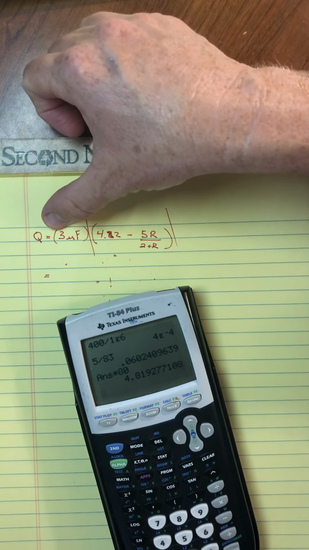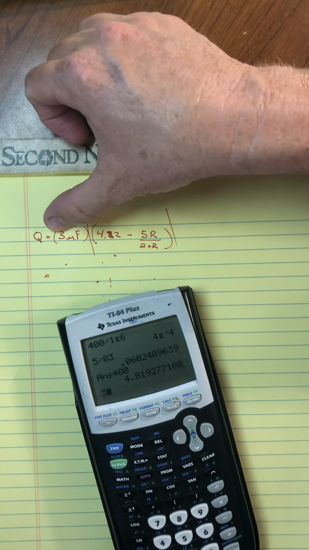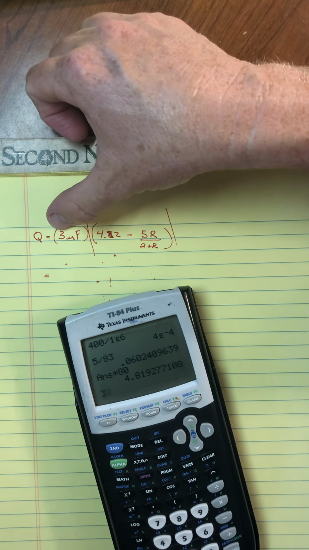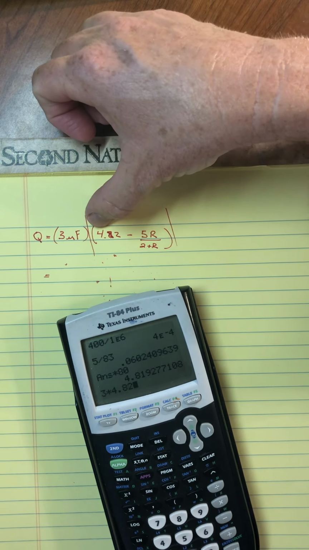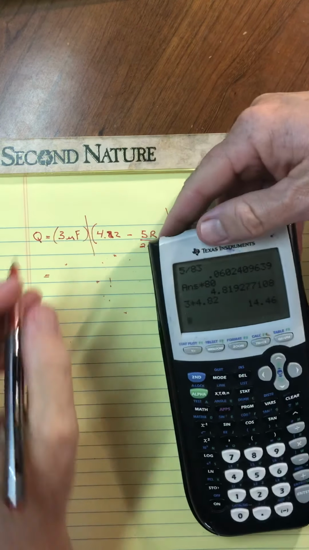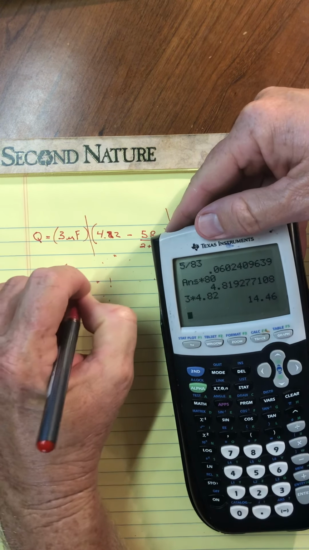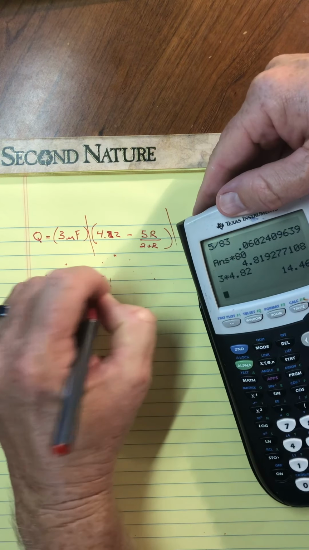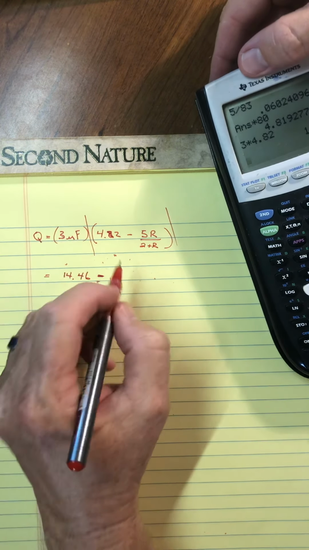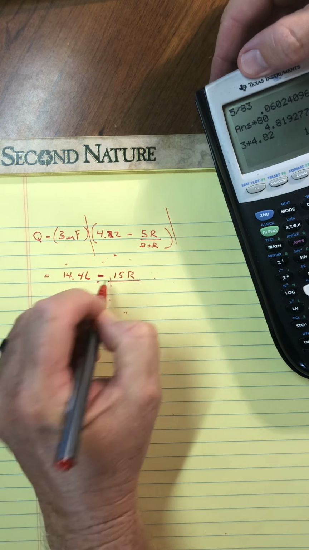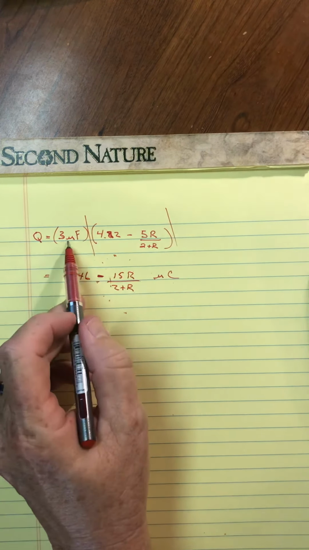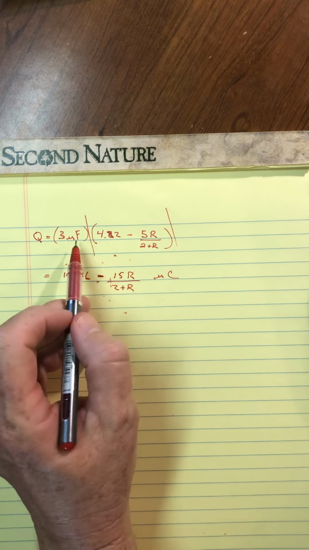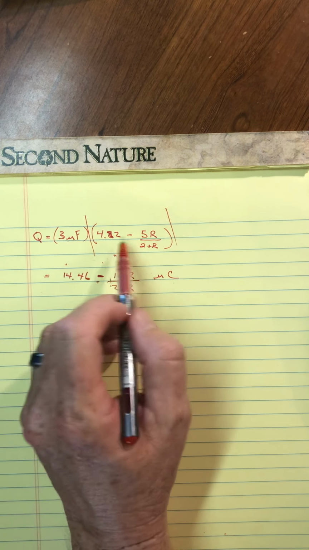The 3, and I'll leave the micro as a unit here, so it would be 3 times the 4.82, and so that's going to be 14.46 minus, and the 3 times the 5 is 15R over 2 plus R, and that would be in micro, and then this would be coulombs, because that's a Farad, and then that's in volts.